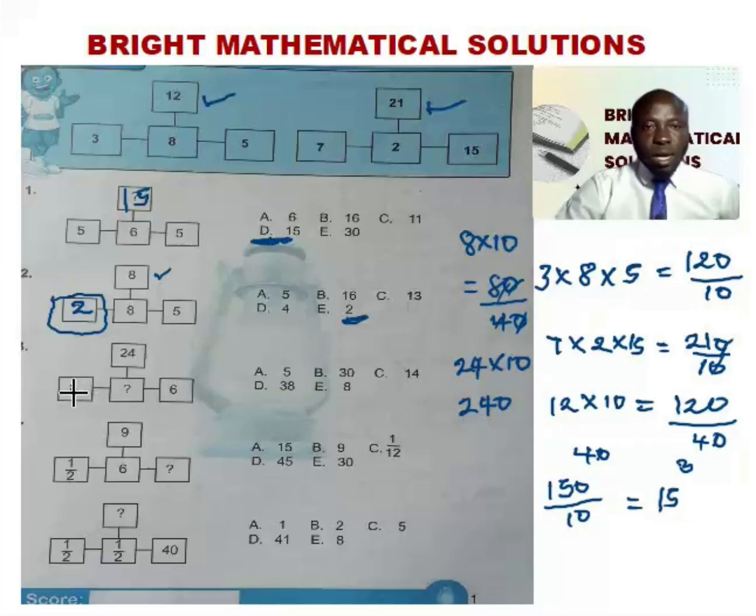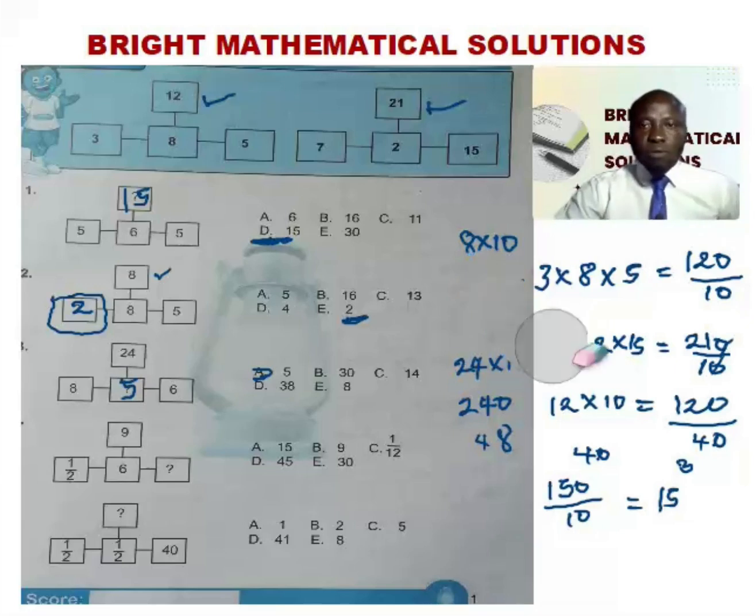So 8 multiplied by 6 gives us 48. So 240 divided by 48 gives us 5. So our answer here is 5.